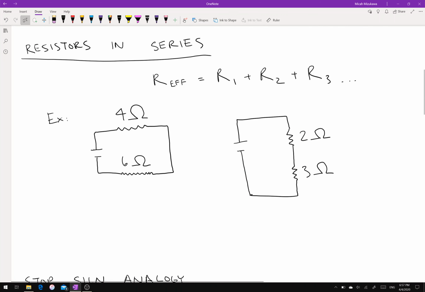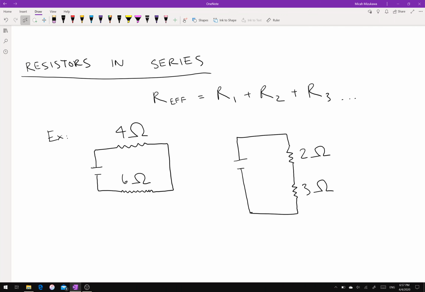To calculate the total resistance in a circuit when the resistors are in series, we use this equation: R effective equals R1 plus R2 plus R3 and so on.